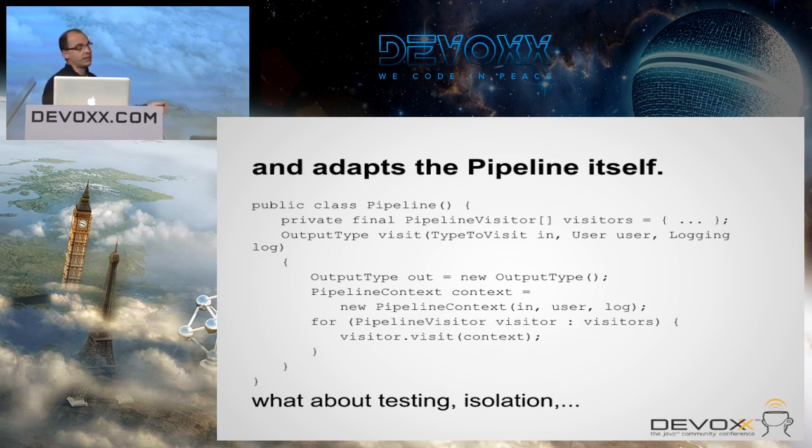So the problems that we had in this type of coding were, first of all, as I said, the context object is enormous. Then testing becomes really, really difficult, because each time you want to test a single visitor, you have to create a context object with potentially dozens of objects inside it. So it's pretty awful. And then the isolation level is pretty bad, right?